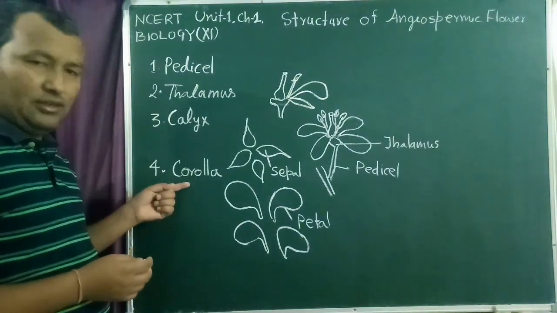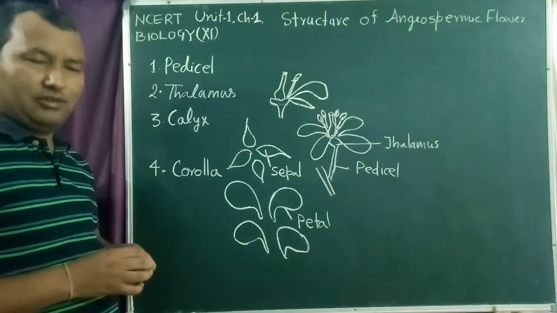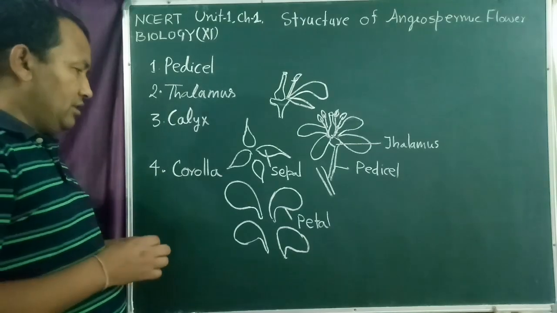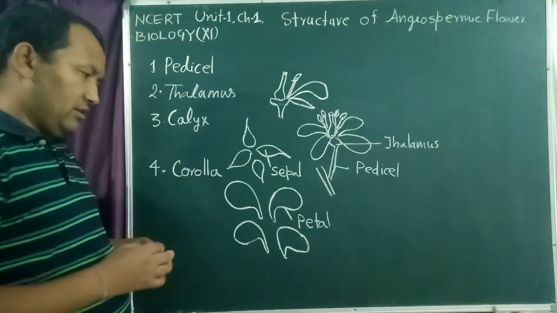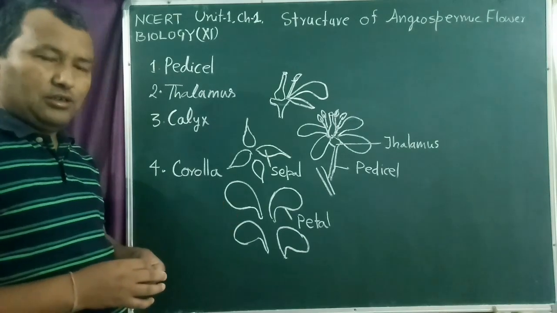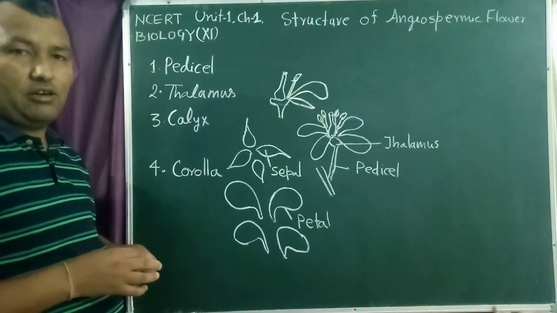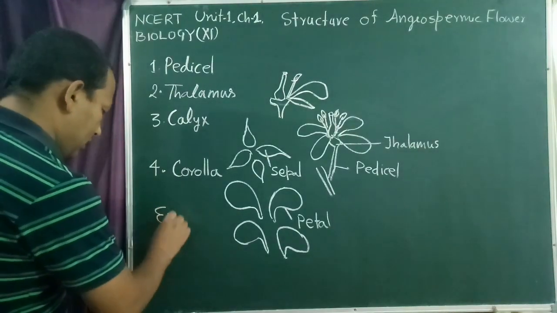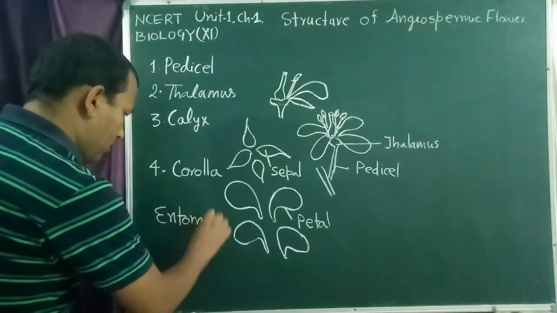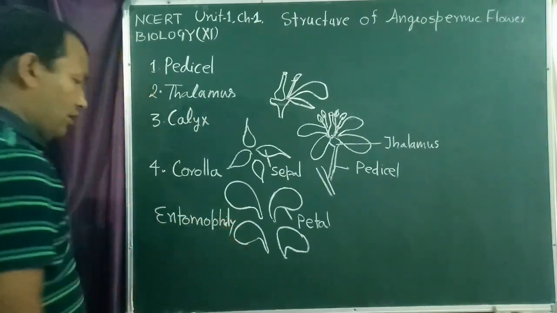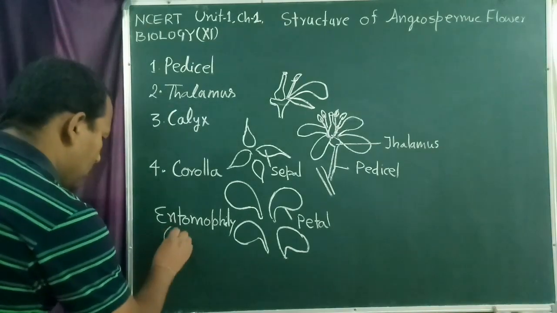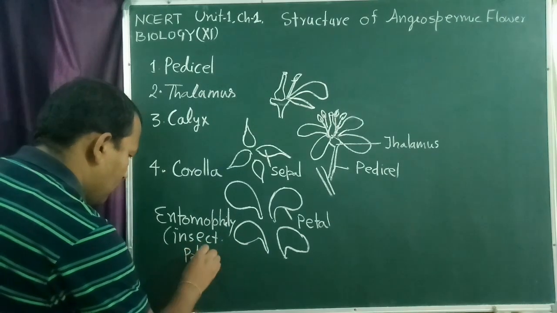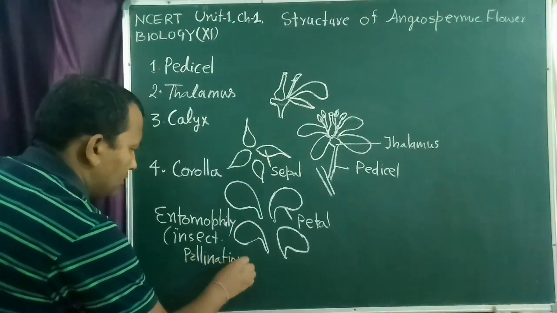And the corolla is colored. It is very attractive. The function of this corolla is to attract insects, because when insects come to the corolla or the flower, insect pollination, known as entomophily, takes place.